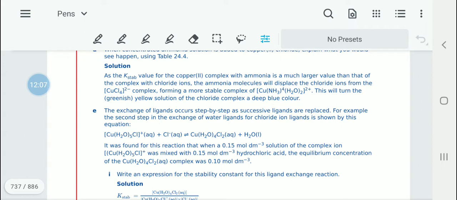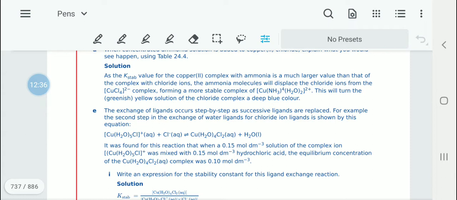Then it produces a very much more stable complex, Cu(NH3)4(H2O)2 2+, and it is going to convert the yellow chloride complex into a deep blue color, right? So the ammonia complex is going to be produced.